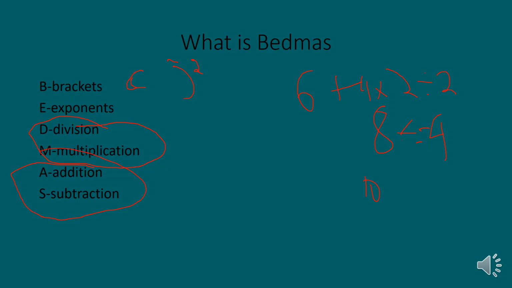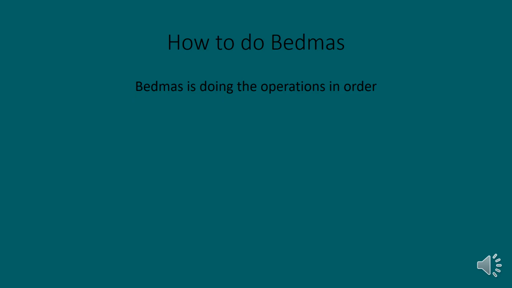All right, guys? Now that I've explained what BEDMAS is, let me give you an example of how to do it. As I said, BEDMAS is just doing the operations in order. So, let me give you an example: 6 minus 4 in brackets, 2 times, exponent, 2 to the power 2 times 3.